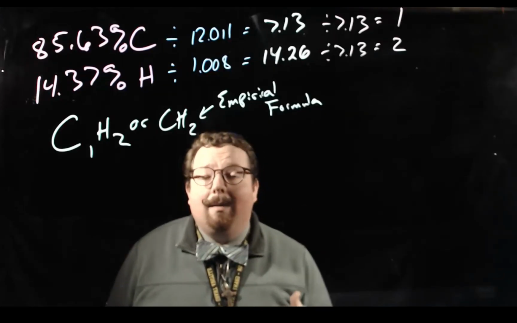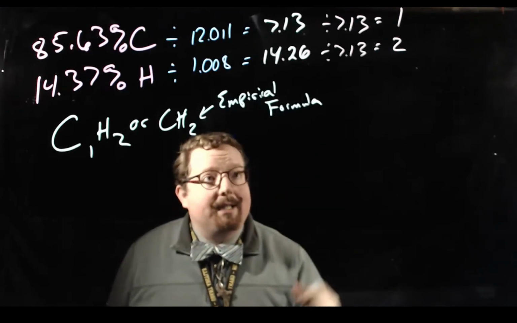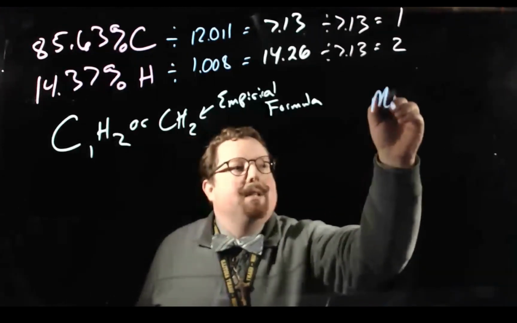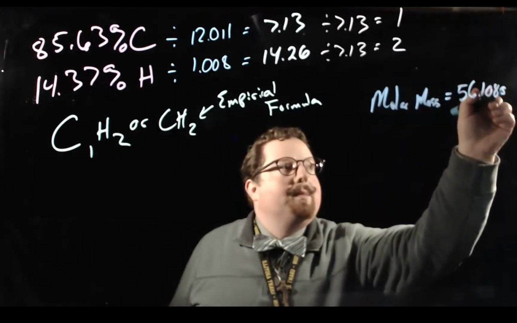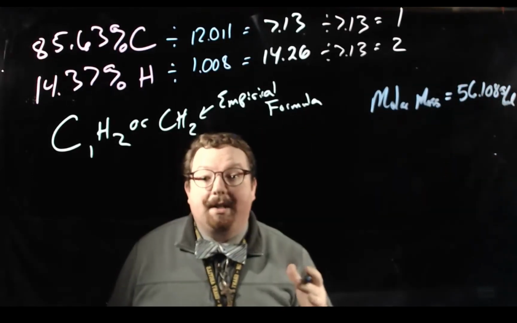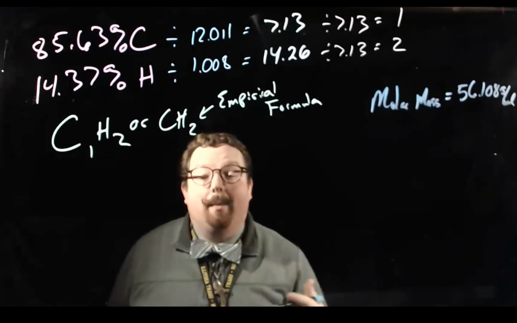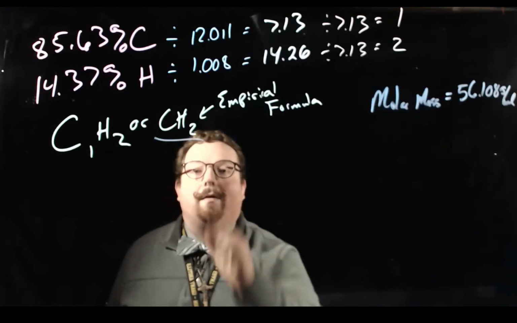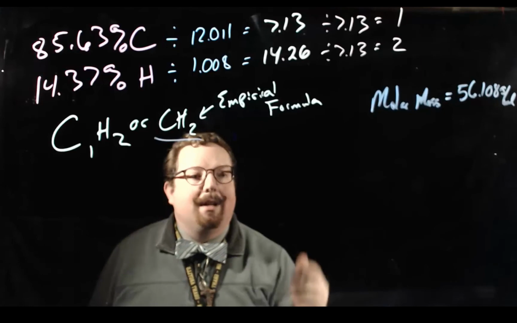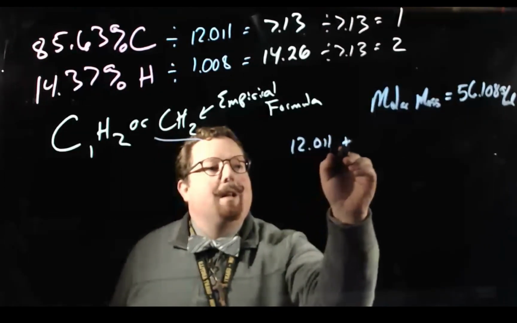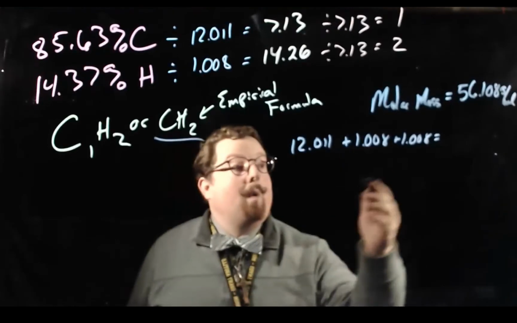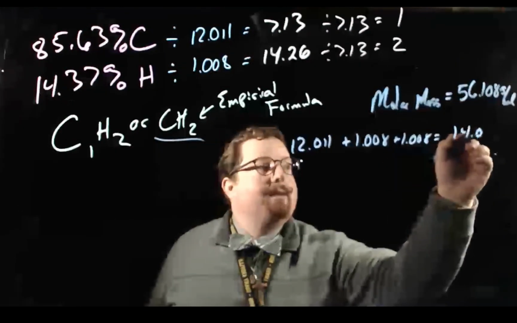Okay, so now the author of this question tells us the molar mass equals 56.108 grams per mole. So the first step to figuring out what the molecular formula is, take our empirical formula and find its mass. So we have carbon, which is 12.011, plus 2 hydrogens, which gives us 14.027.